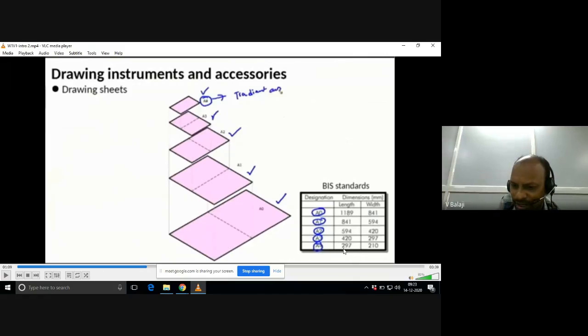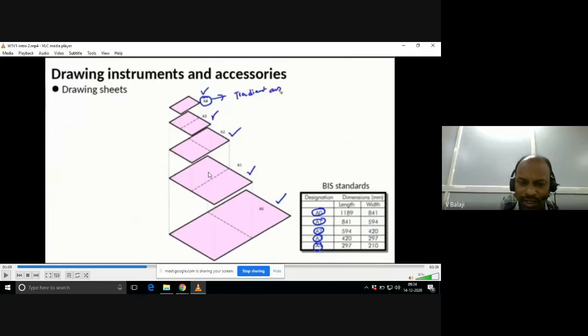the length of the next size is double the width of the A4, right? So you can see here, the width I am doubling. The length is the same, so I am getting the A3. Now again double it, you will find A2.